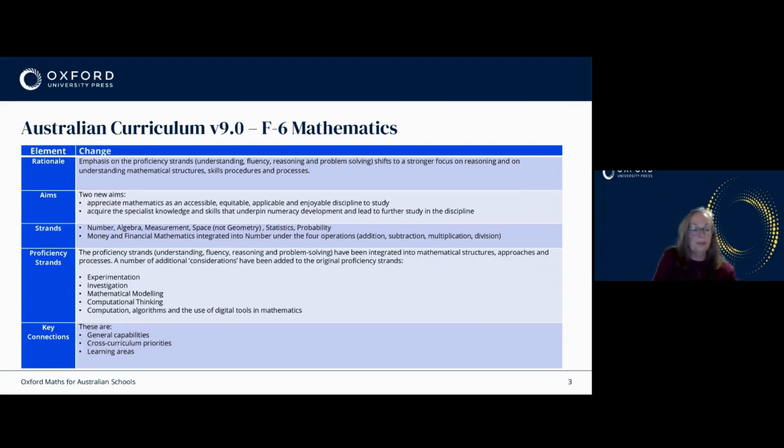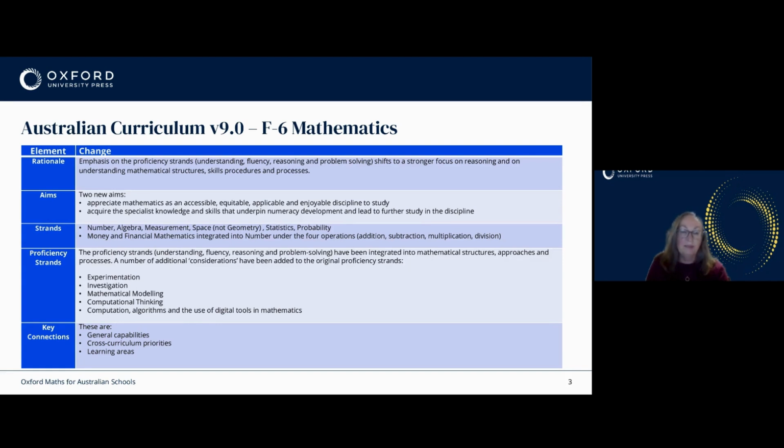So I just wanted to speak a little bit about curriculum to start us off. As you know, 2024 is the first year of the new Australian Curriculum version 9 for F to 6 mathematics, although we know that not all states are working to this curriculum just yet. I'll come back to that. So the new AC version 9 aims to create a balance between proficiency and creativity.